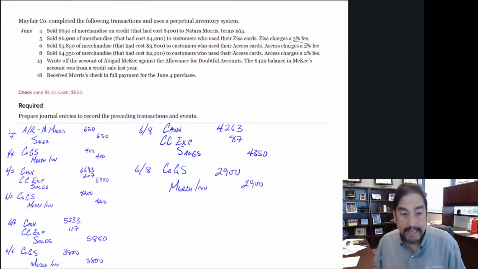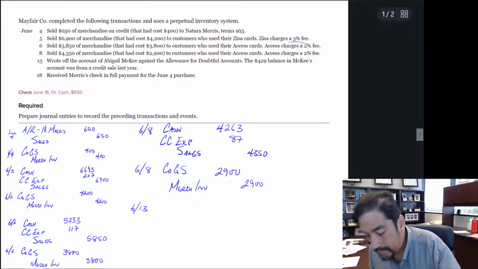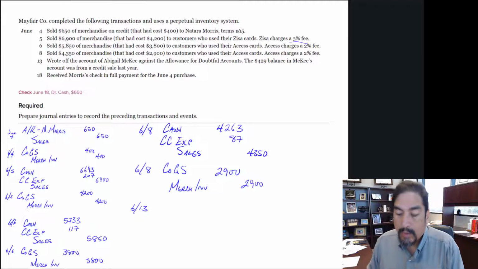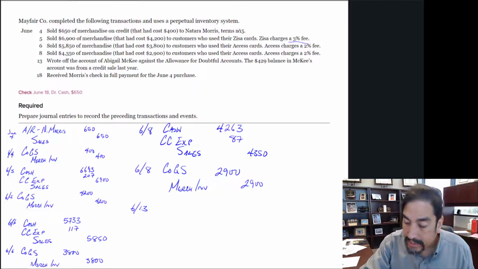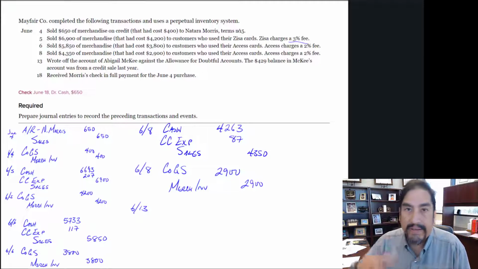On the 13th, we wrote off the account of Abigail McGee against allowance for doubtful accounts. The $429 balance was from a credit sale last year. So last year, we sold McGee $429 worth of stuff. Now we're in June of this year, and we've given up.